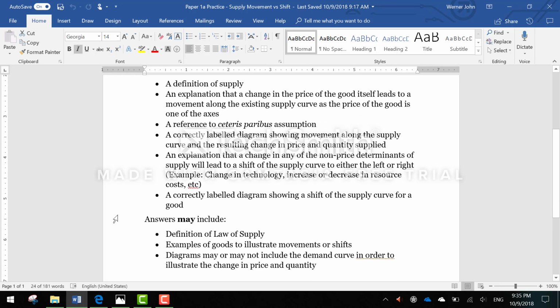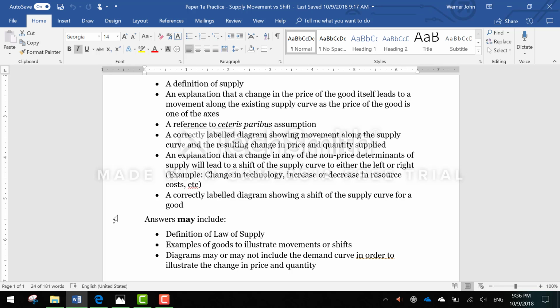There's a few elements that we put in the may include category. These are not 100% necessary, but would often be in a top response. Definition of law of supply, examples of specific goods to illustrate movements and shifts.